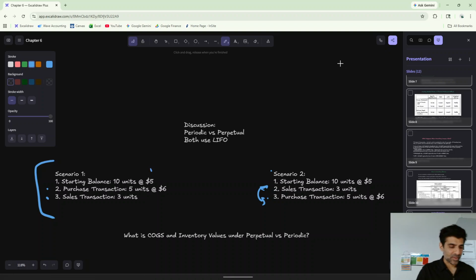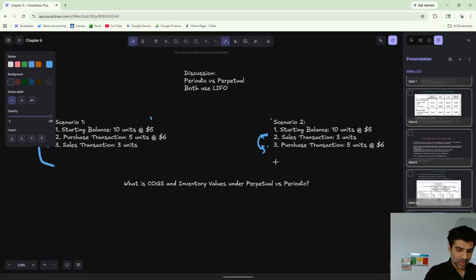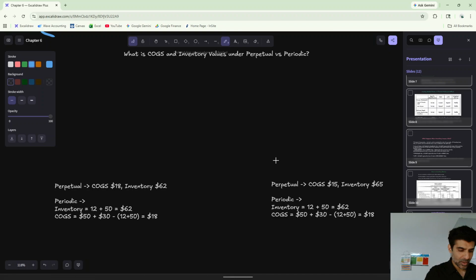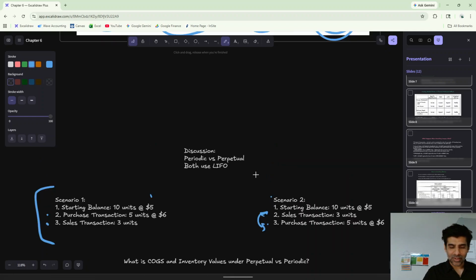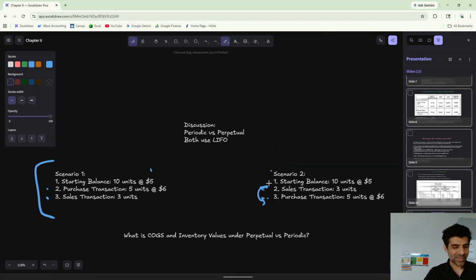Okay, so let's see. So under perpetual, okay, so actually, do the calculation. This is, I guess, my intention here. Your job is to calculate what is the cost of goods sold and the inventory values in each scenario for perpetual and periodic.